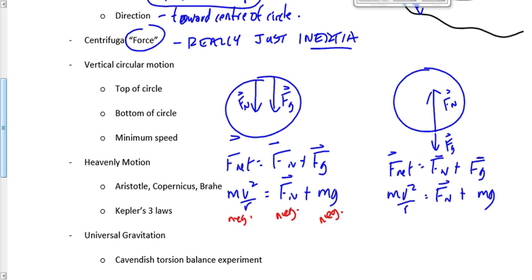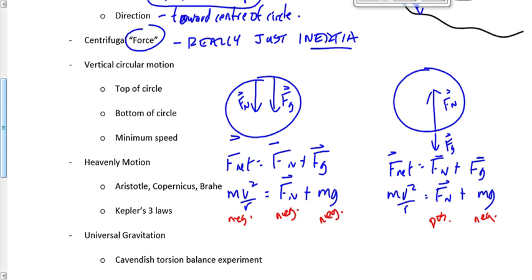Let's look at the bottom of the circle now. At the bottom of the circle, which way does the normal force act? Yeah, so we're going to make that positive this time. Gravity is still going to be negative, but we're going to make the normal force positive. When you're at the bottom of the circle, here's the hardest question yet on this stuff. Which way is the centripetal force, the mv squared over r?